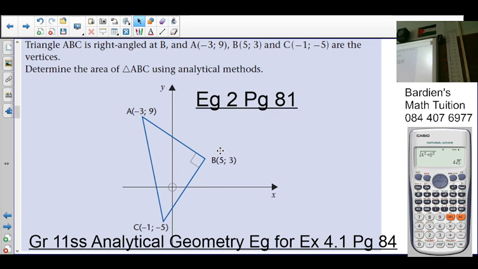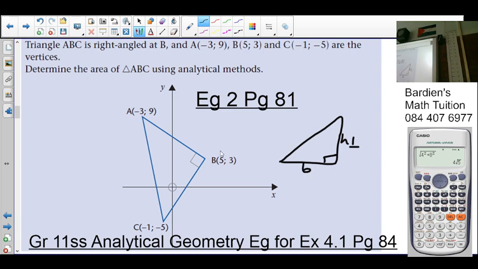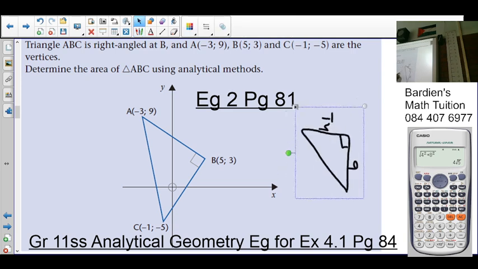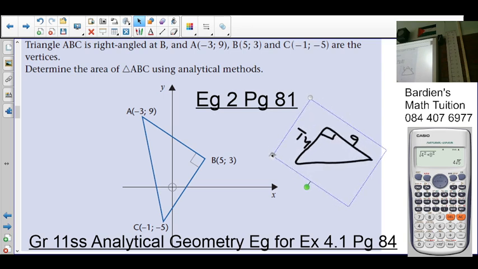Remember, if you've got a right angle triangle, this is your base and that is your perpendicular height. Even if that triangle is rotated, the one is still your base and the other is still your height. Why? It's to do with the 90 degrees. Can you guys see that?